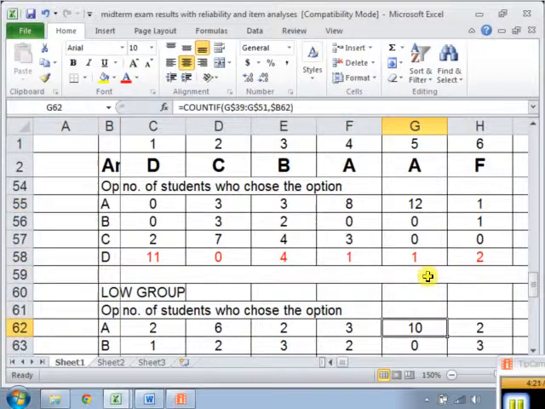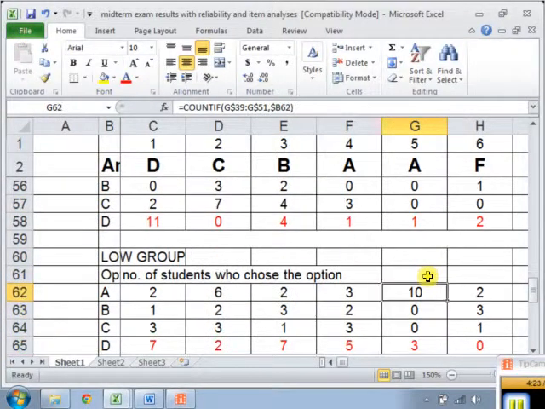So, A. In the lower group, wow! Many answered A. But look at B. B and C, nobody chose in our lower group. Oh, man. That means letter B is obviously wrong, so that's not a good distractor.